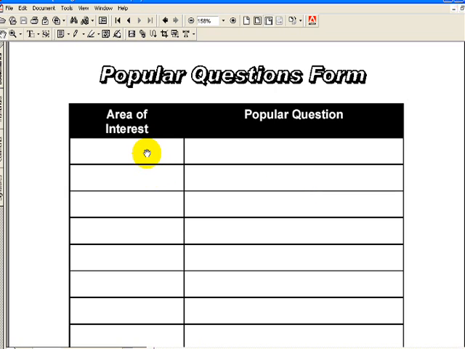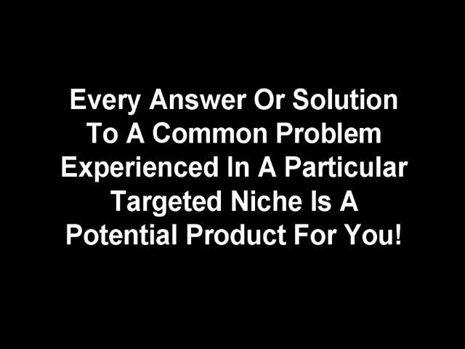You want to put the area of interest, and then you want to put the popular question. Every answer or solution to a common problem experienced in a particular targeted niche is a potential product for you. If you can solve problems, then you can make profits. Again, every answer or solution to a common problem is a potential product that you can develop and make money from.